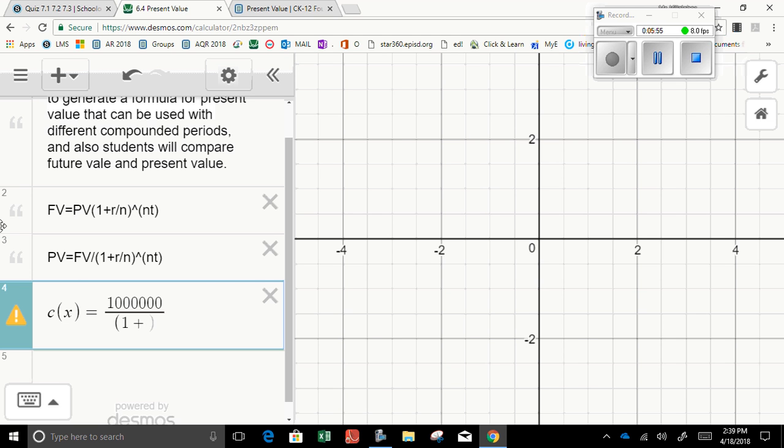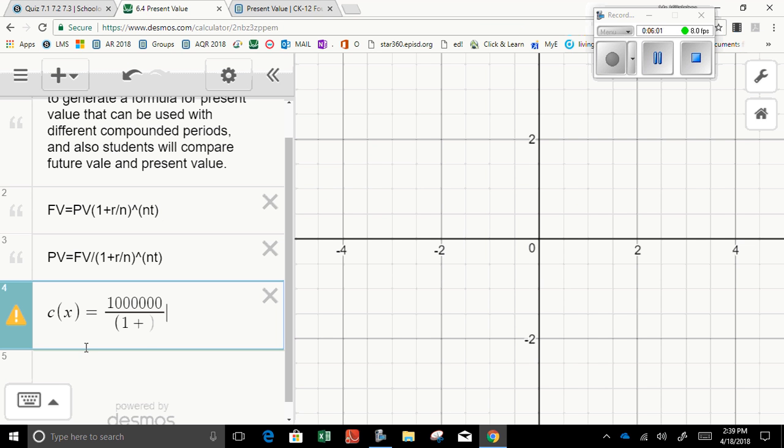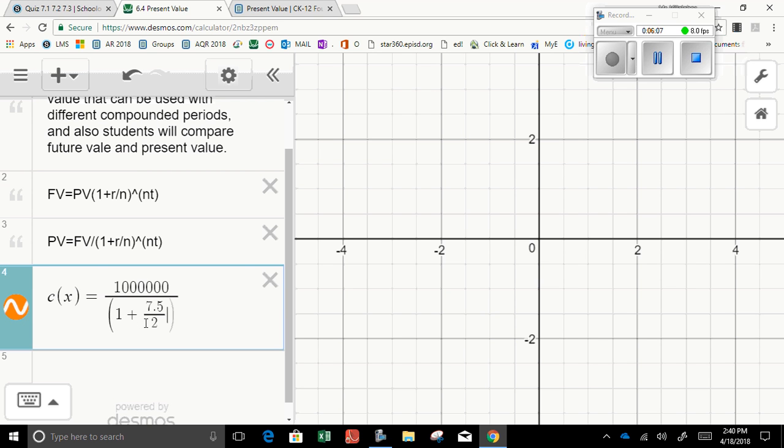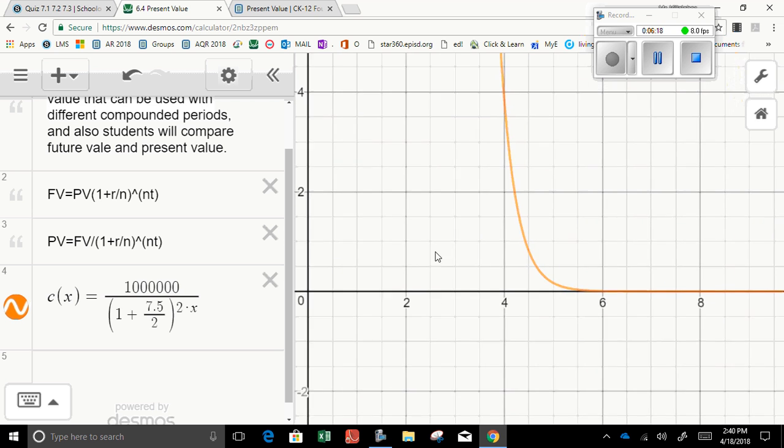Forgot already. 7.5. So that's down here, 7.5 compounded semi-annually, to the power of semi-annually for x years.